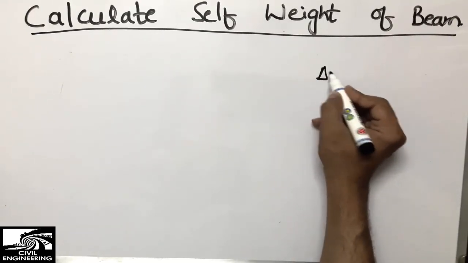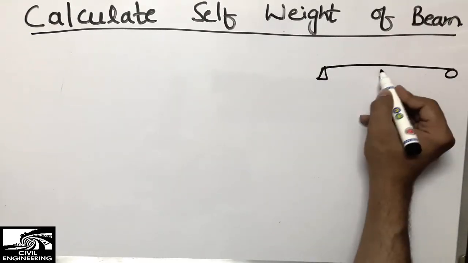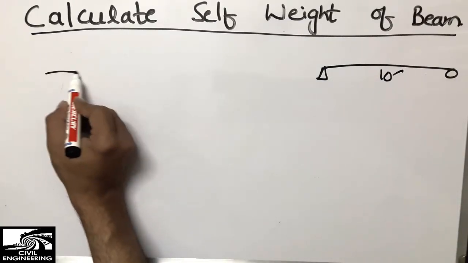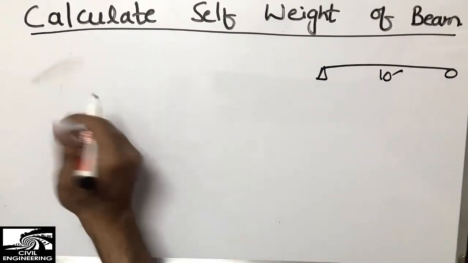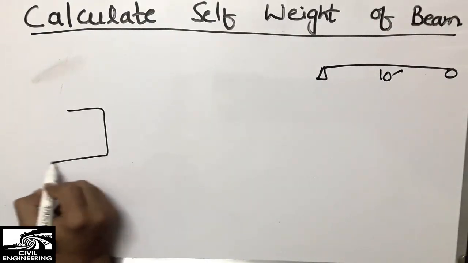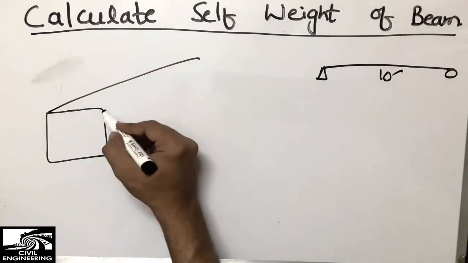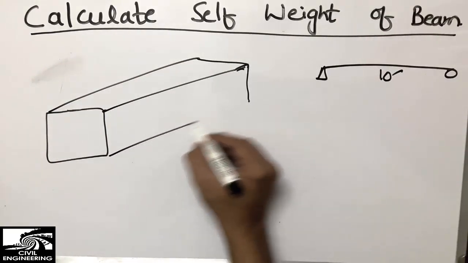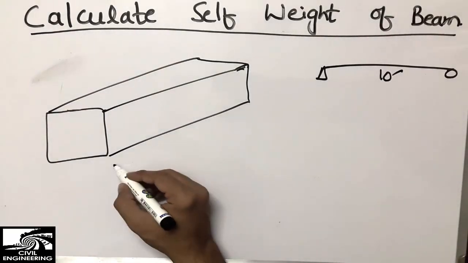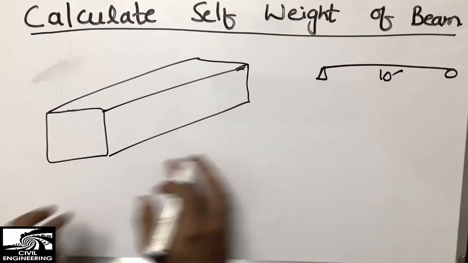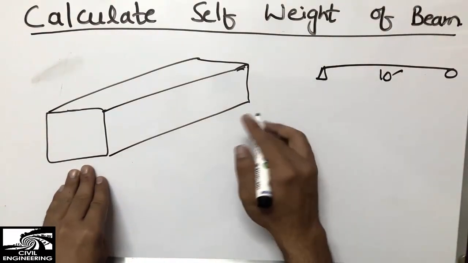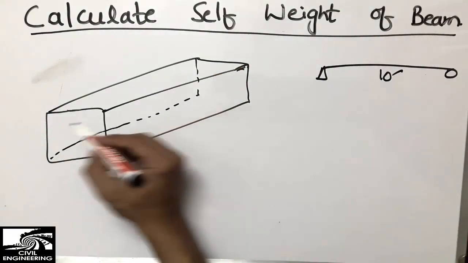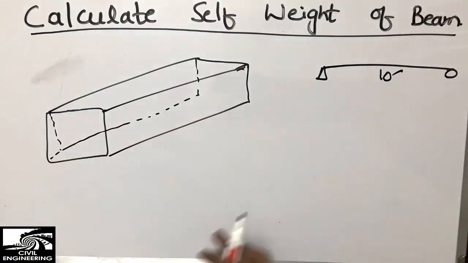This is an example of a simply supported beam of length 10 foot, and I'm going to draw it in 3D. This is a beam in 3D, supported by one support here and one support here, supported in two directions.